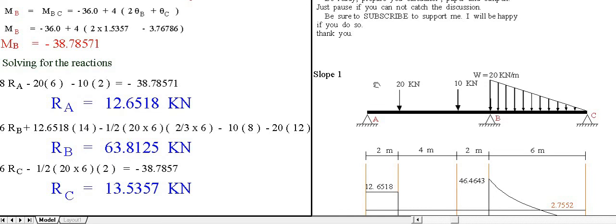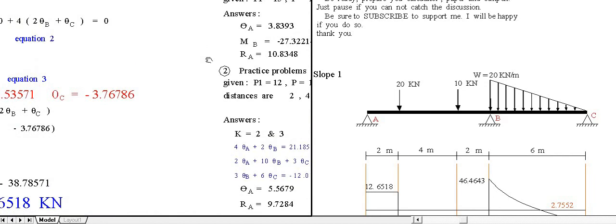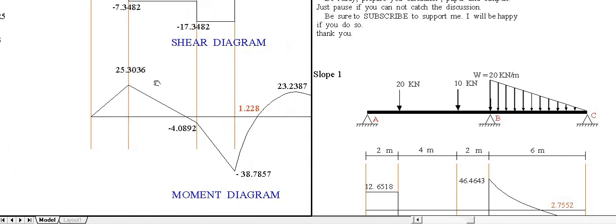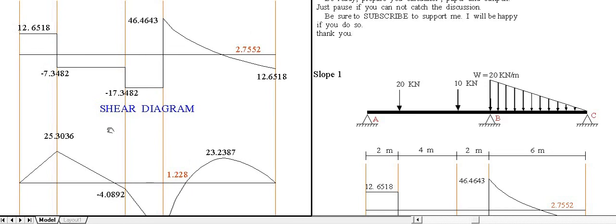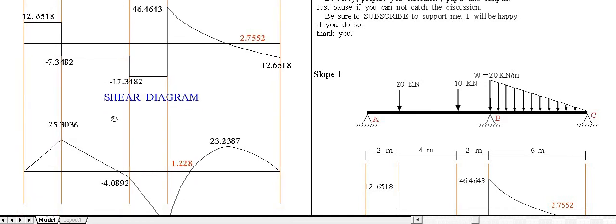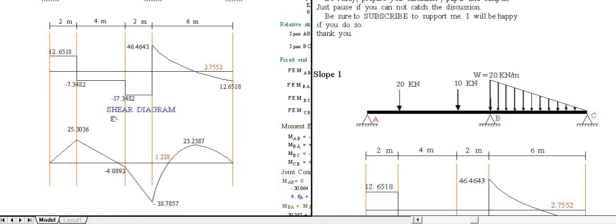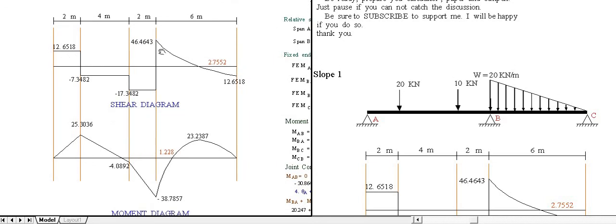Now we can draw the shear and moment diagram. Looks like this. So the values are solved by strength of material. Now I will not discuss this anymore. Even though you need to solve this, this is used in the design.